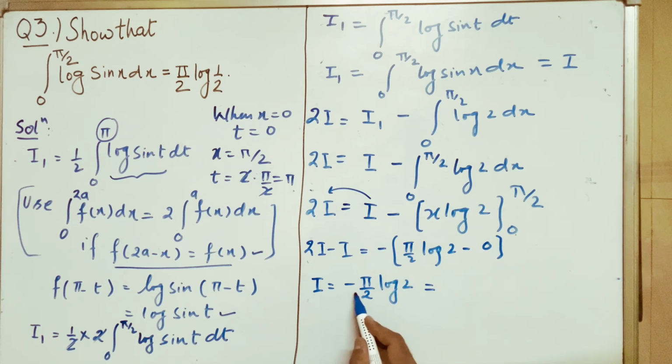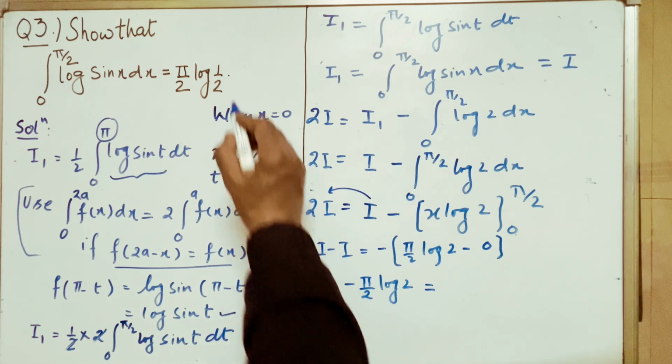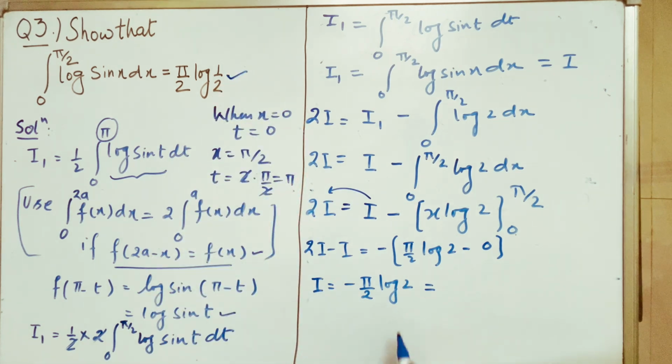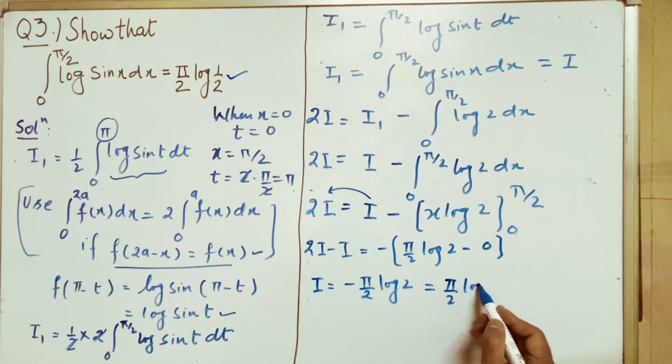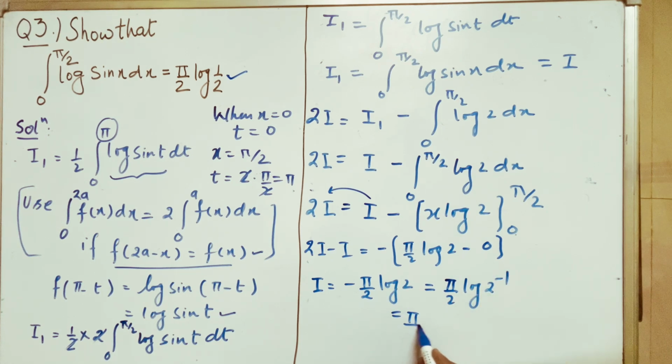Here we can apply one more property of log to give this form. This minus 1 will go in the power of 2. So it becomes pi by 2 log 2 to the power minus 1, which is pi by 2 log 1 by 2. So this is what we needed to show.